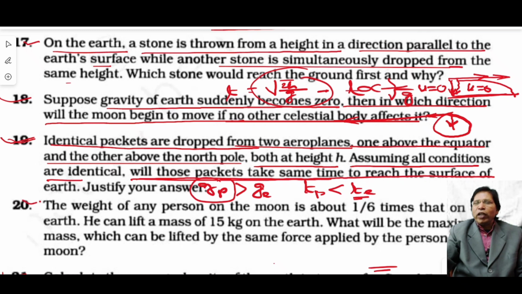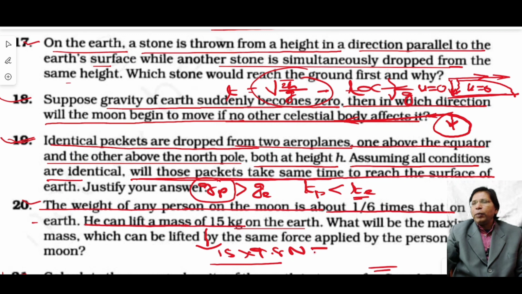Now question 20. The weight of any person on the moon is 1 by 6 times that on the earth. He can lift a mass of 15 kg on the earth. So the weight lifted by the person on the earth is 15 into acceleration due to gravity, that is 9.8 newton. Let m be the mass he can lift on the moon.